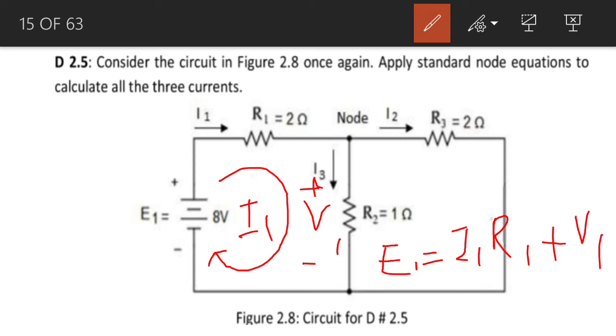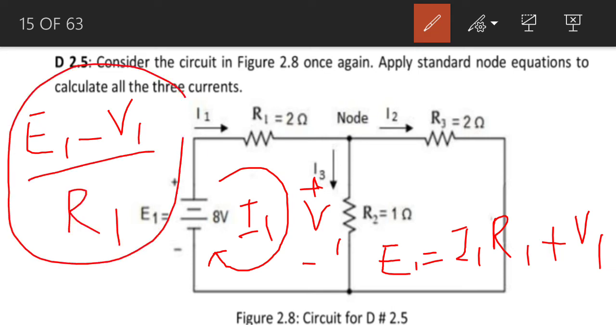If we simplify this equation, the current I1 will be equal to E1 minus V1 divided by R1. This is how we calculate the current I1, which is the current in the source as well as in the resistor R1.